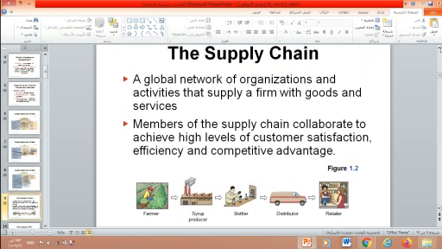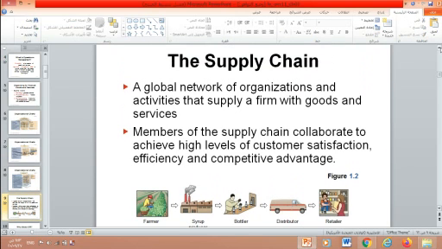After that, we have a slide which talks about the supply chain. Of course, companies can seldom create the value for the customer through the functions performed by the organization alone, so companies rely on different suppliers to provide everything to the organization, from providing the raw materials to delivering the services or the goods to the customers.